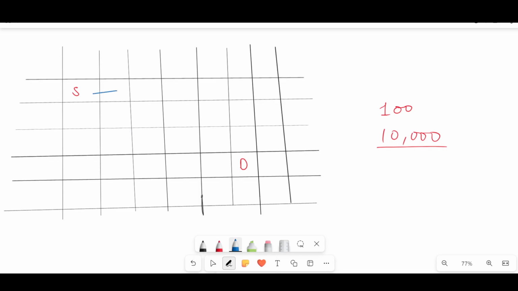I can make a move here, and as I can visit the same cells again, I can move here, here, and I can also return to the previous cell. I can roam around many times till I reach that 10,000th second, and at the 10,000th second I can reach there.